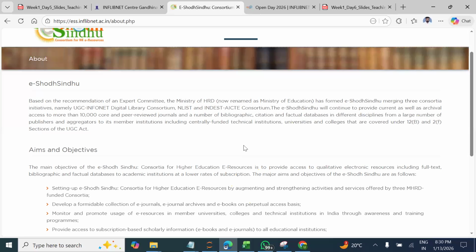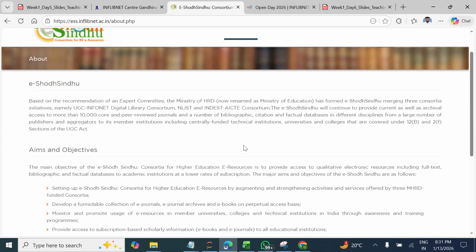You can see over here the aims and objectives of e-ShodhSindhu. It is basically a consortium for higher education e-resources, by augmenting and strengthening activities and services offered by three MHRD funded consortia.